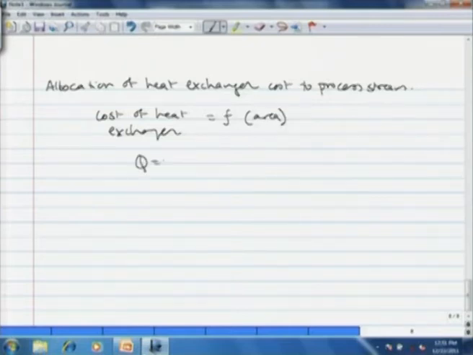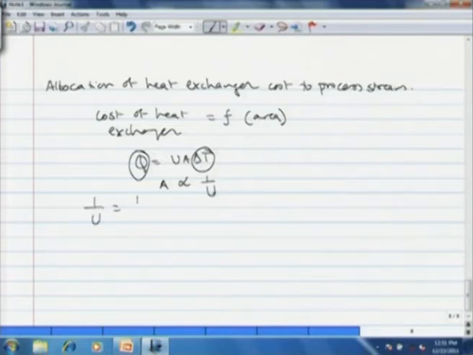And for a given heat duty, we are very well aware of this relation, Q is equal to UA delta T. So, for a given delta T and Q, the area is inversely proportional to U. And then obviously the cost is directly proportional to the area. So, the cost is inversely proportional to the overall heat transfer coefficient.